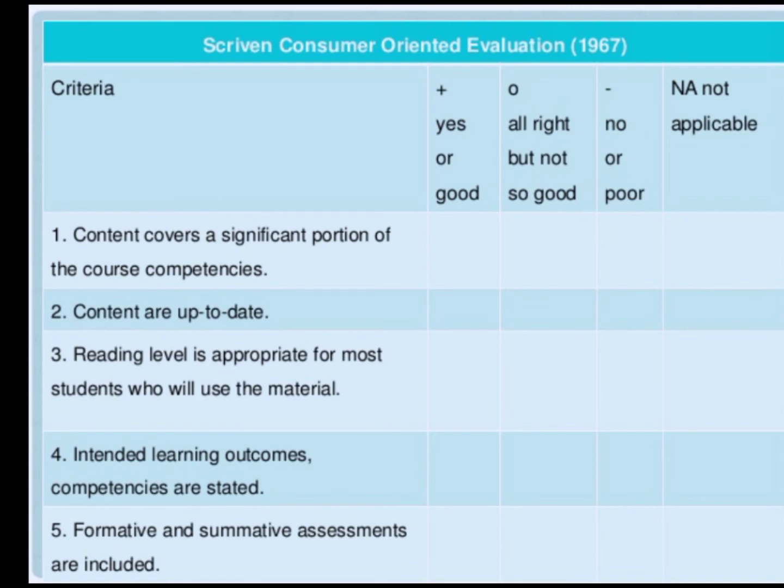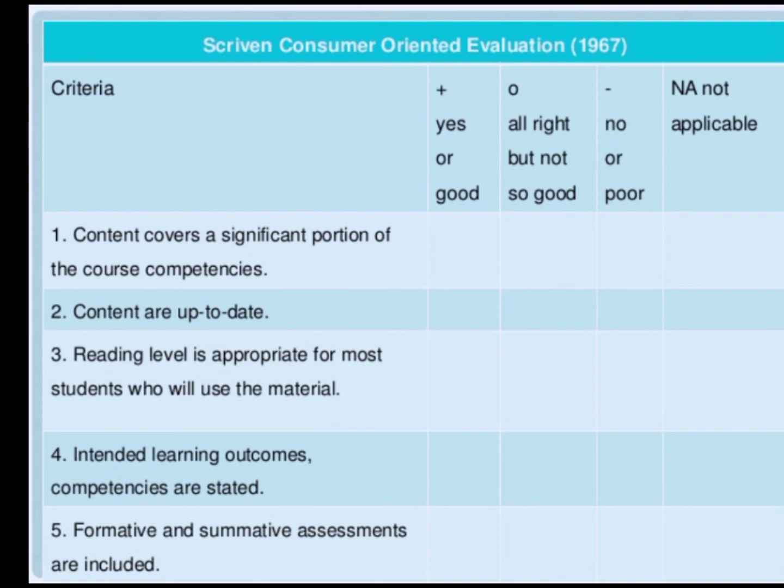So, these products include textbooks, modules, educational technology like software, and instructional materials. So, these are the example of Scriven's consumer-oriented evaluation. So, I have some codes to rate the material. Y means yes or good quality.